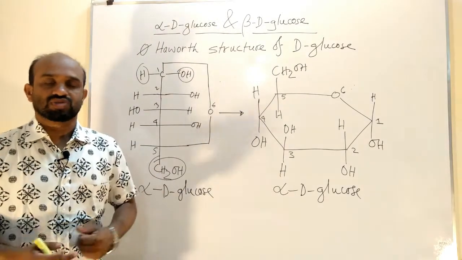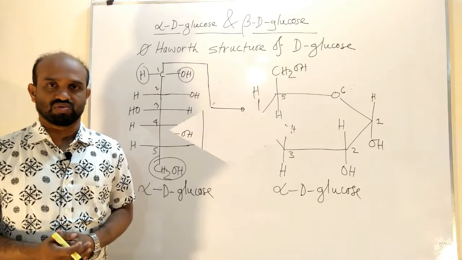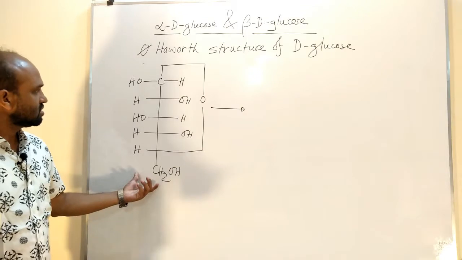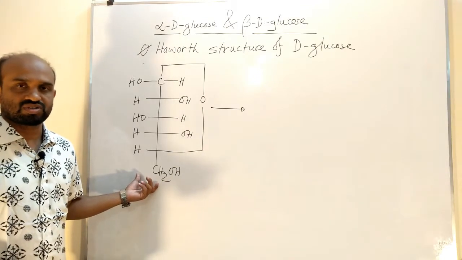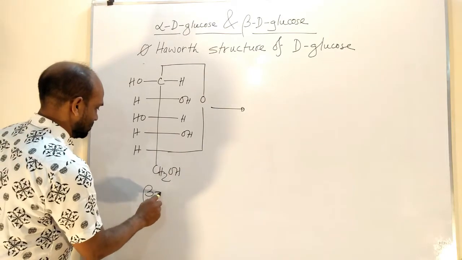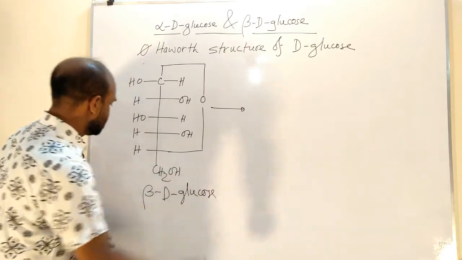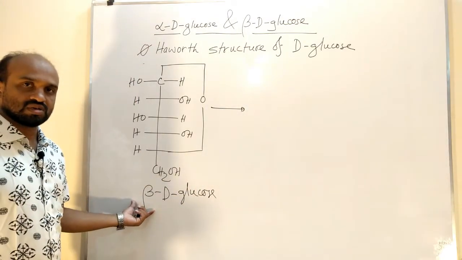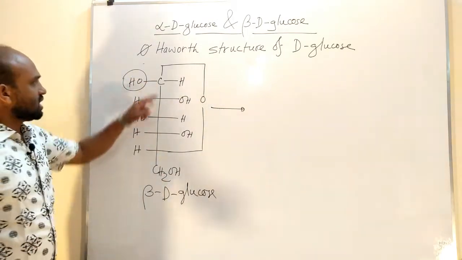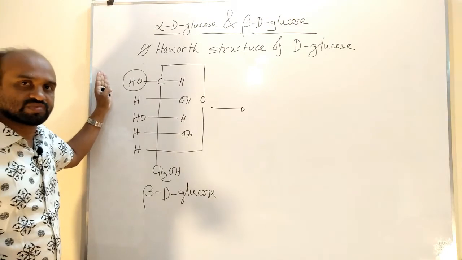Now we will try to learn the ring structure of beta D glucose. My students, this is the Emil Fischer structure of beta D glucose. Here beta refers to the hydroxyl group at carbon number 1, which remains on the left side.